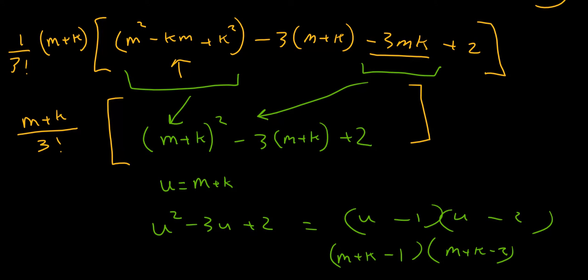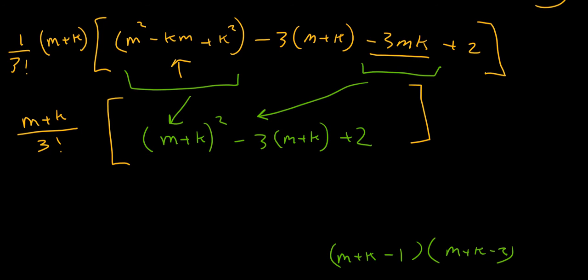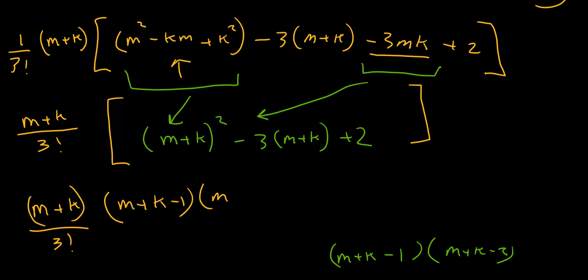So let's write that in. So we got m plus k over 3 factorial, times m plus k minus 1, times m plus k subtract 2.